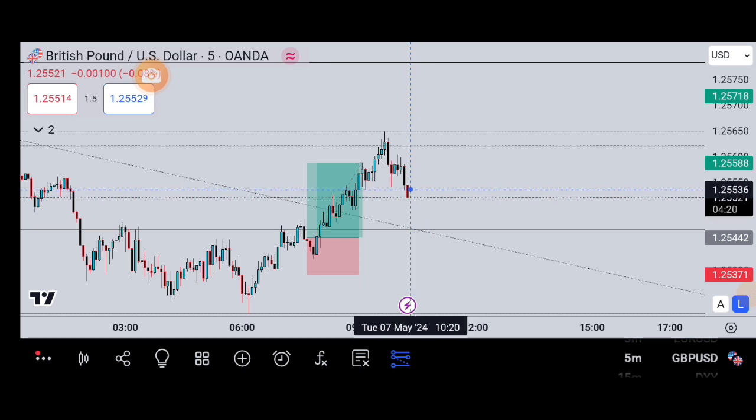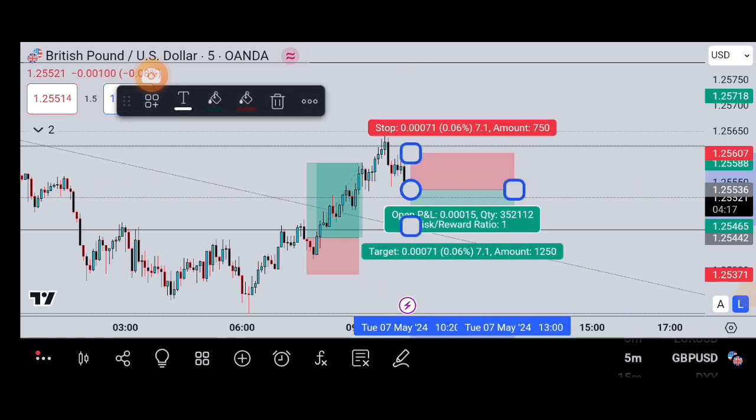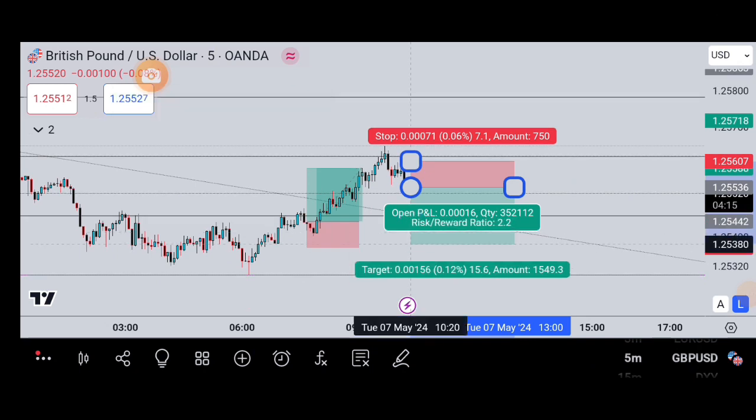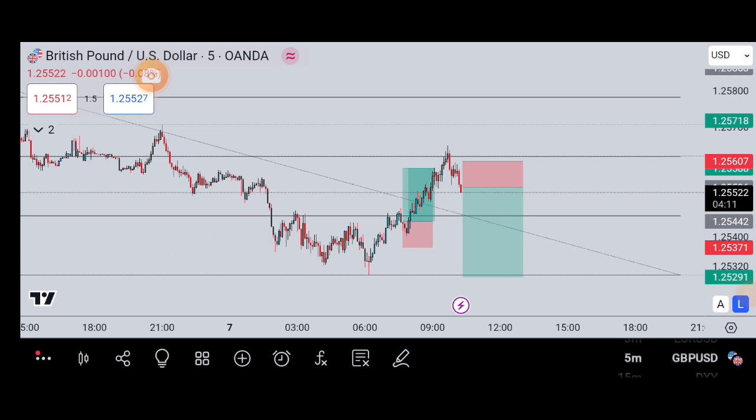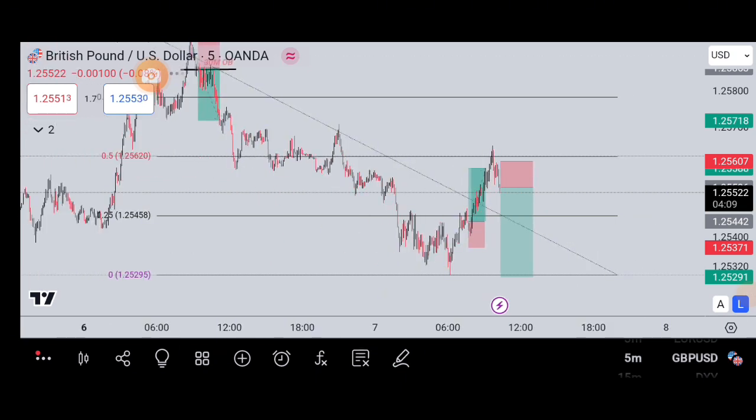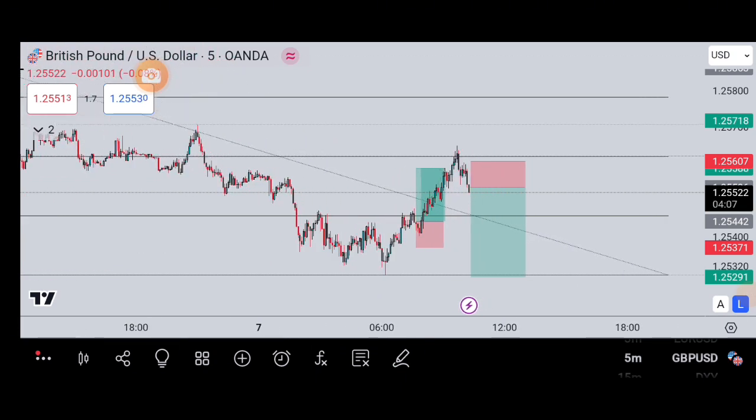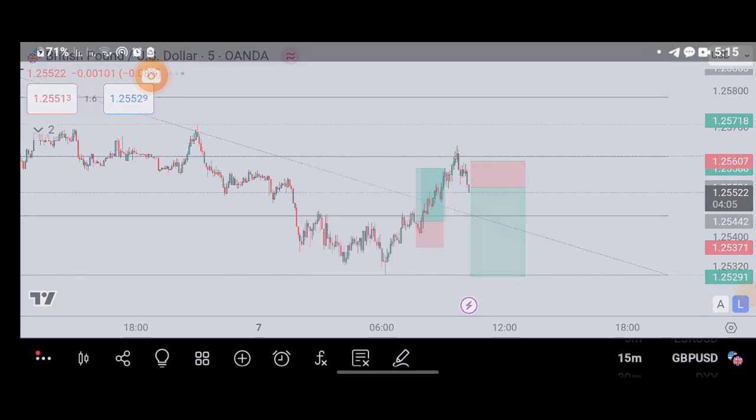We've shorted at around this level, and our targets will be below this low.